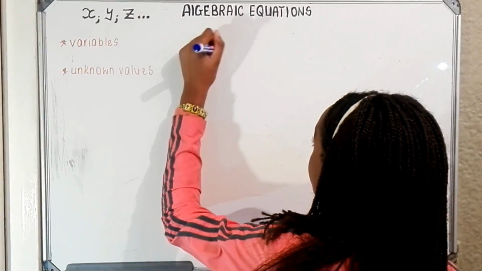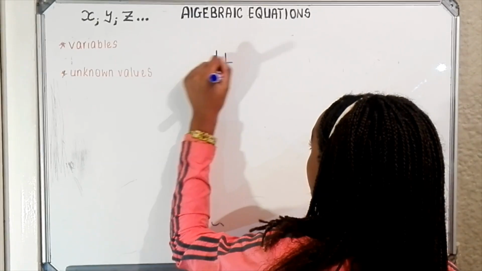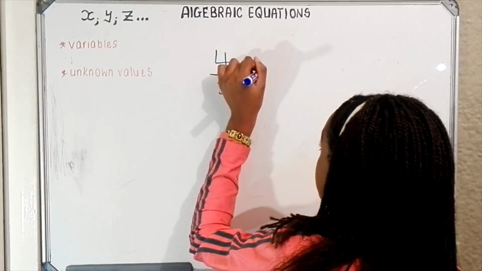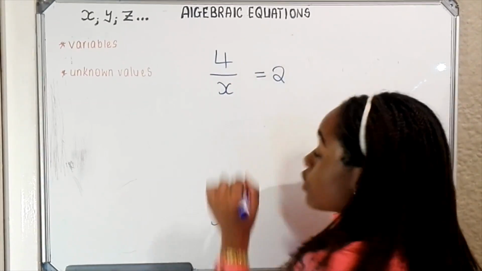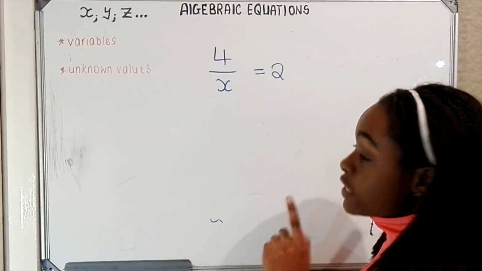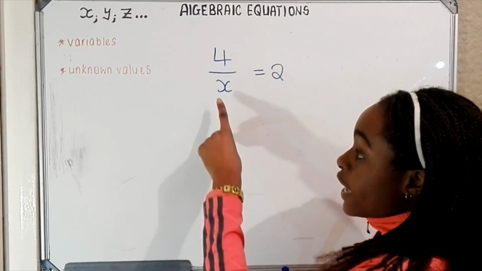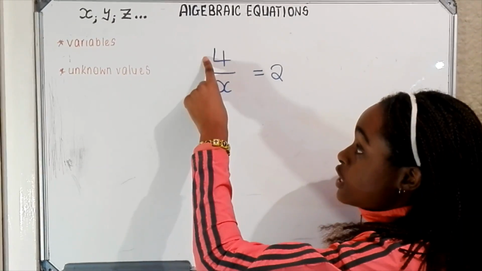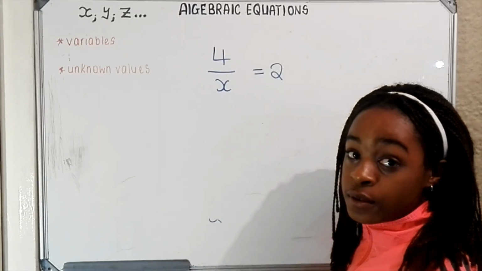So say for example, we have 4 over x is equal to 2. Pause the video and try this on your own, okay? So this is a very interesting one because x is not on top, it's not the numerator. Instead 4 is.